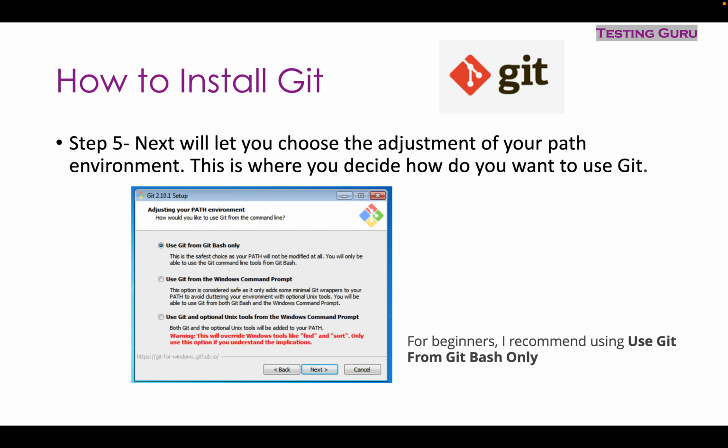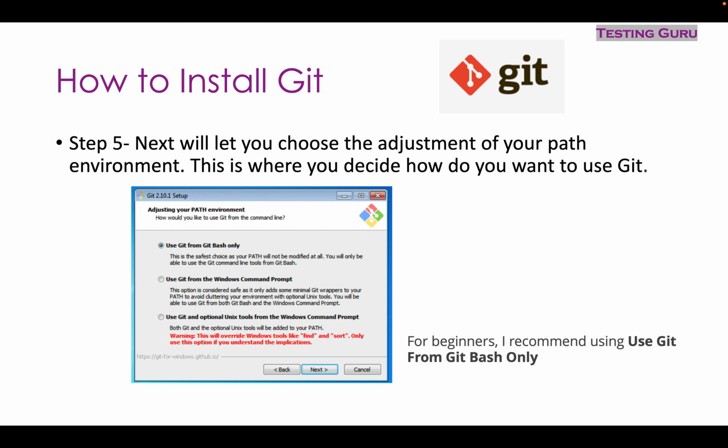There are other options also, like use Git from the Windows command prompt. This option is considered safe as it only adds some minimal Git wrappers to your path to avoid cluttering your environment with the optional Linux tools. You will be able to use Git from both Git Bash and the Windows command prompt.